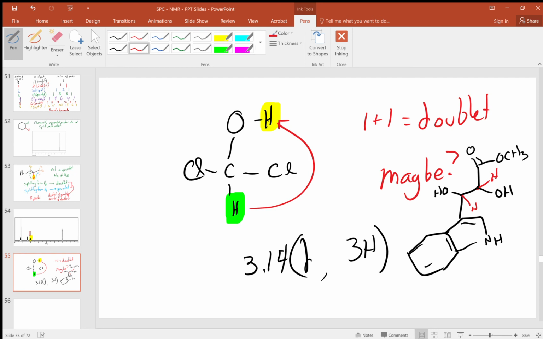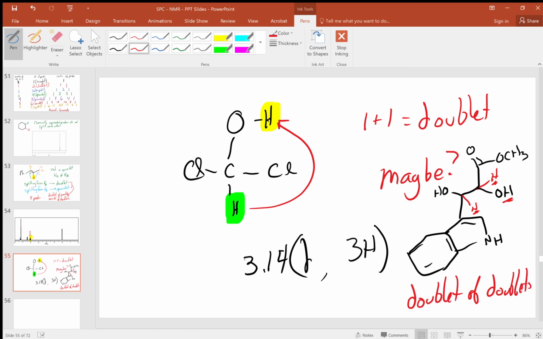And so this hydrogen can be split here and here. Since those two hydrogens are not equivalent to each other, each one will make it a doublet, and my spectrum showed up with that hydrogen being a doublet of doublets.